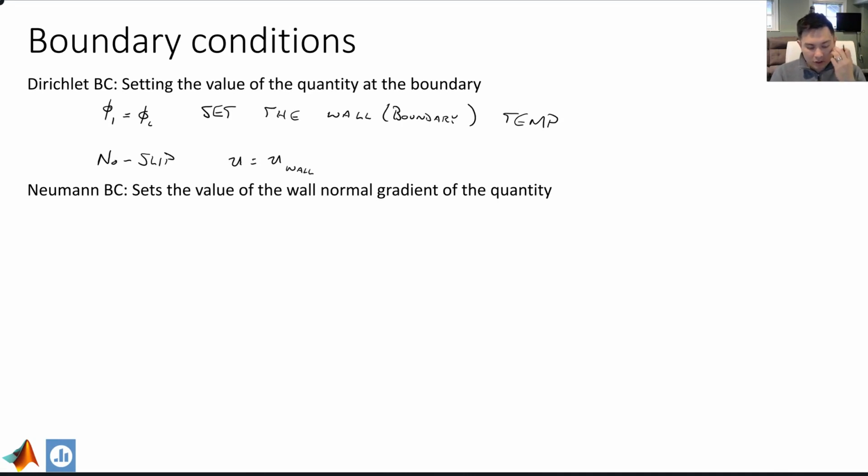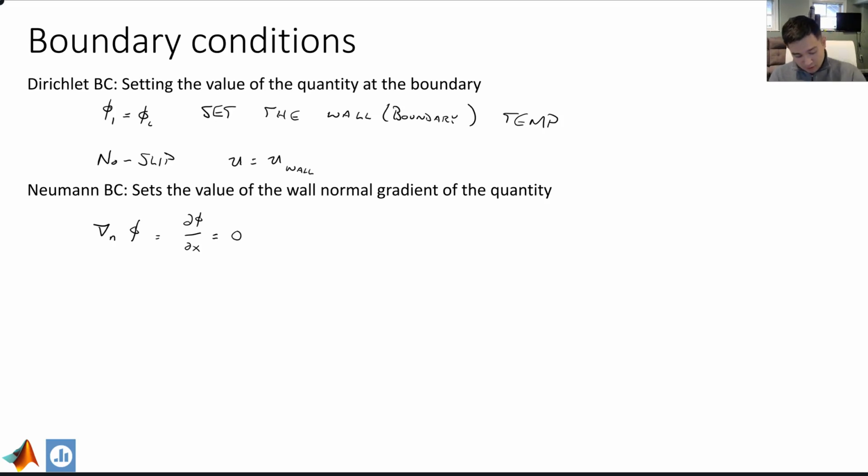The other type of boundary condition that we'll see regularly sets the value of the wall-normal gradient of the quantity. An example of this would be the gradient in the normal direction of our temperature, which, if we have only one direction, maybe would be something like d phi dx, which we could set equal to some quantity, or we could set it to 0.